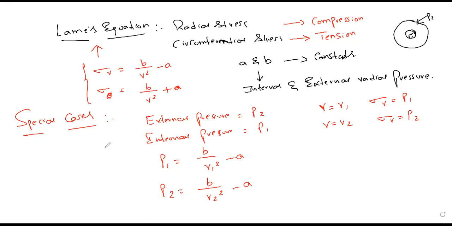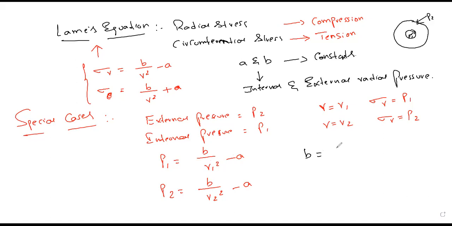Understand? Okay. These are all special cases, very, very important. By considering radial pressures internally and externally, this radial stress is going to be evaluated in two forms: internal pressure with respect to internal radius, and external pressure with respect to external radius. So what are these two constants? Yesterday we discussed.